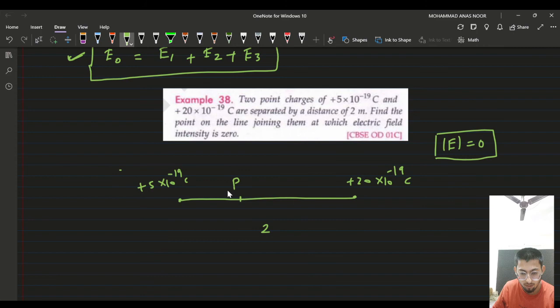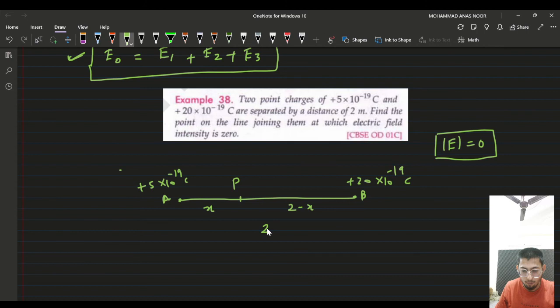This is point A, this is point B, correct? Let's say it is at a distance x from A, then the distance of this point from B would be 2 minus x, because the whole length is 2.